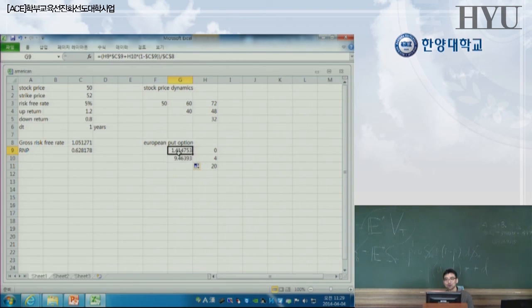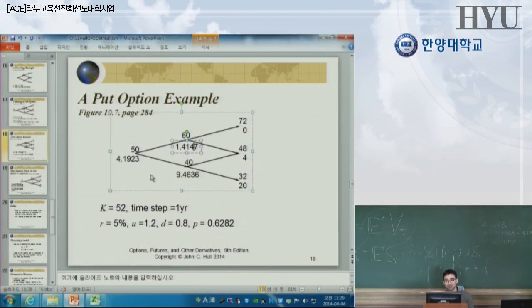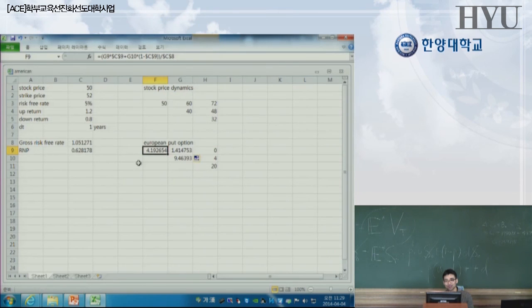So it is my European put option price, 4.1923, right? 26, slightly different, why? I don't know, okay. So I get the expected value and discount it, so it's the European put option price, done.